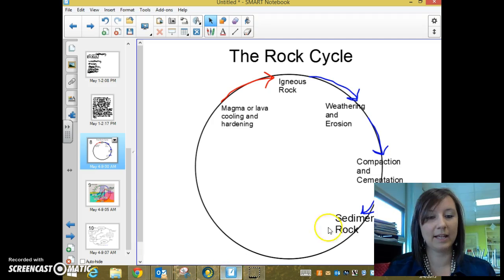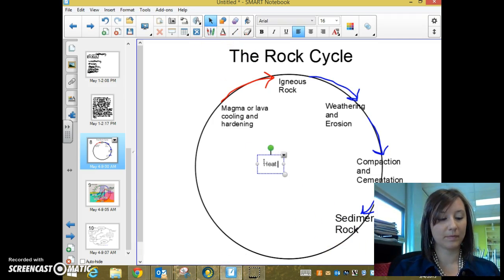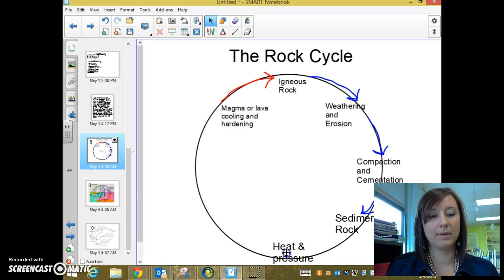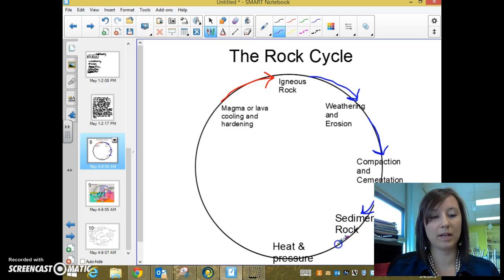So we need to add, over here, we can add heat and pressure. And that is going to get us, we said once we add the heat and pressure, put our arrow so we know that we're still working our way around here.